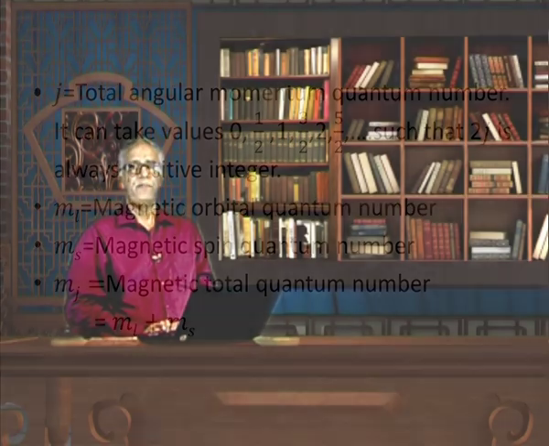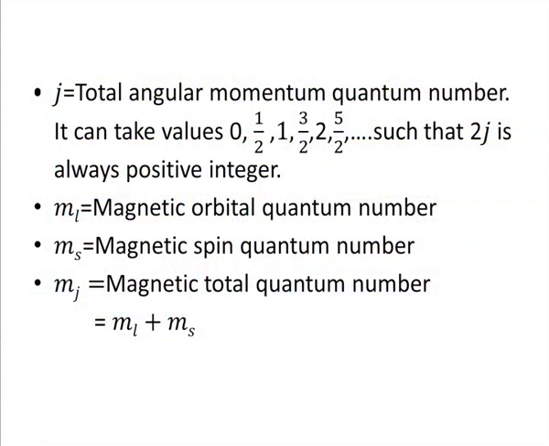So, we have a picture now that we have a spin angular momentum which is very different from classical orbital angular momentum. It is quantized in the sense that its z value can take only 2 values, which are plus h bar by 2 and minus h bar by 2.